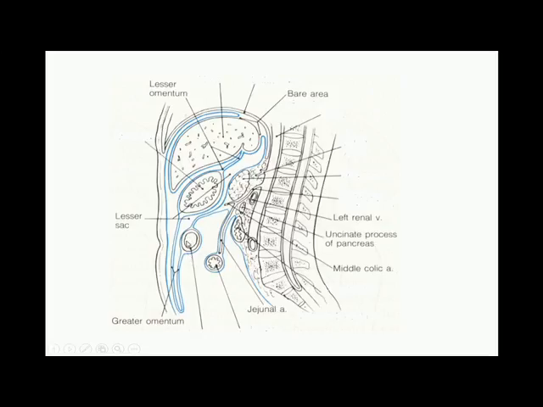So that is how the greater omentum is created. So you can see the greater omentum has 1, 2, 3, 4 layers of peritoneum originally. Okay? Right. And what is this then?